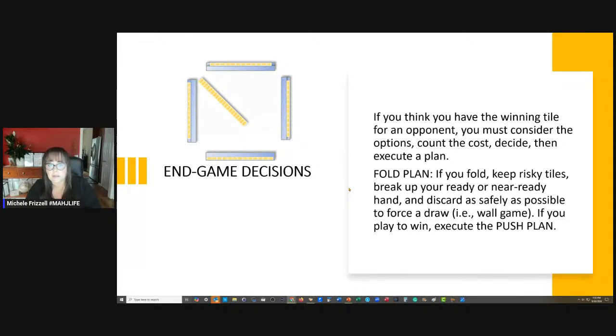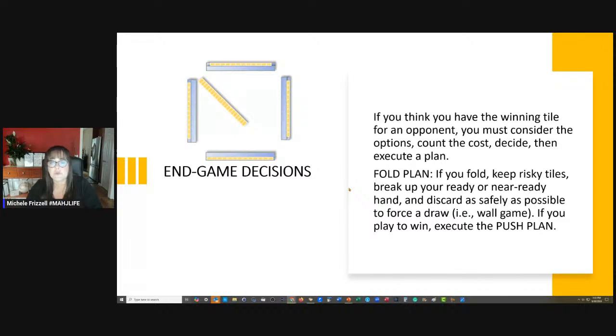You don't do that in Mahjong. In Mahjong, a fold is when you keep risky tiles and you break up your hand, even if you're ready to win or near ready to win, so that you can discard safely and force a draw. You want to block your opponents from further developing their hand or even winning.